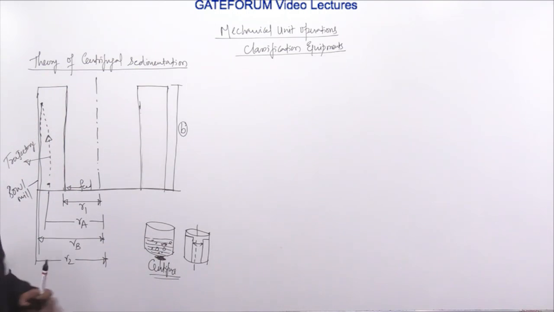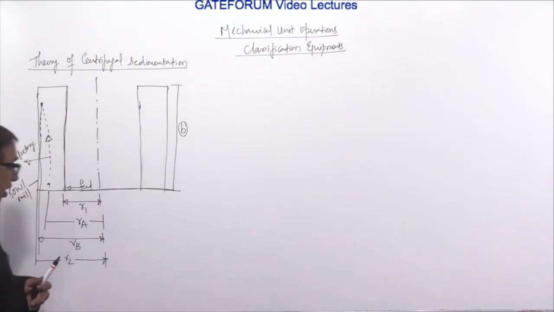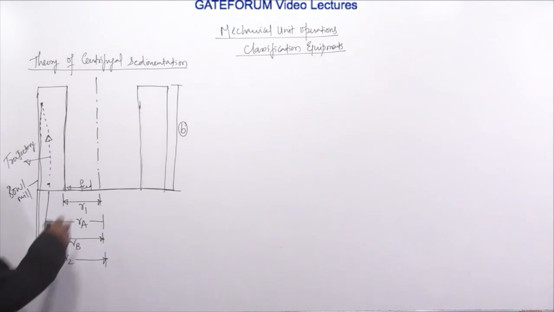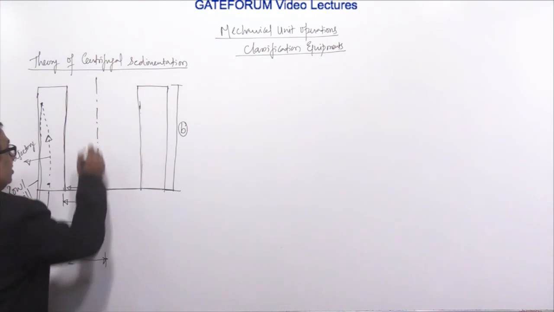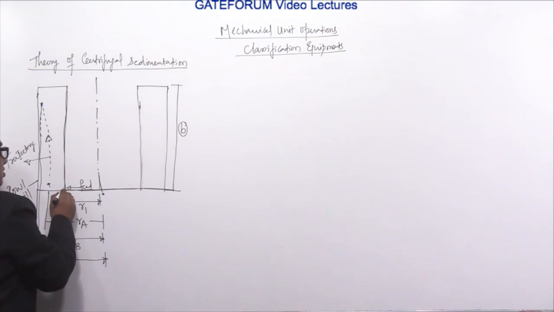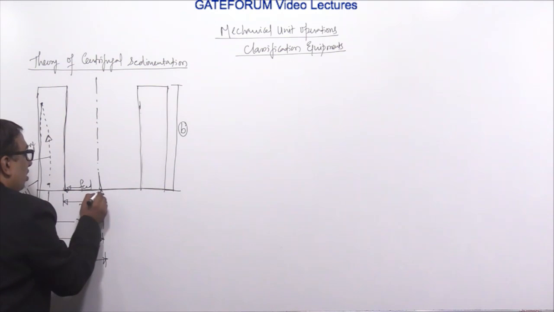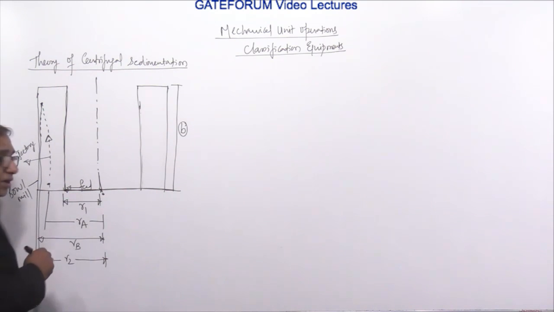Now what is R1 here? R1 is from the central axis to the thick layer of liquid; we'll call it a radius.